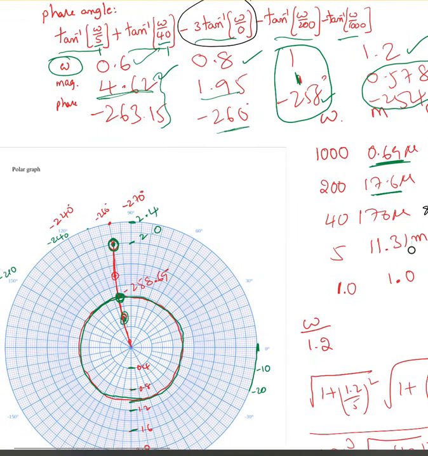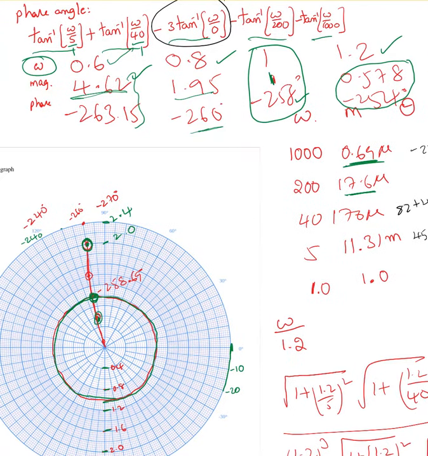So 256 is also approximately close to that number. This value is 0.364. So this is 0.4, so 0.364 is somewhere there. Okay, so this is my final polar plot.